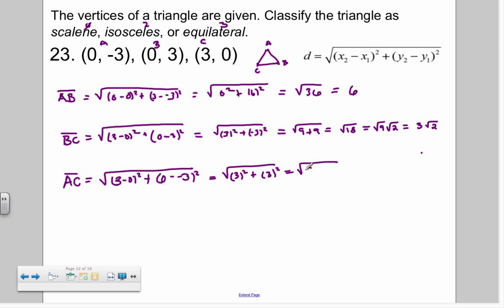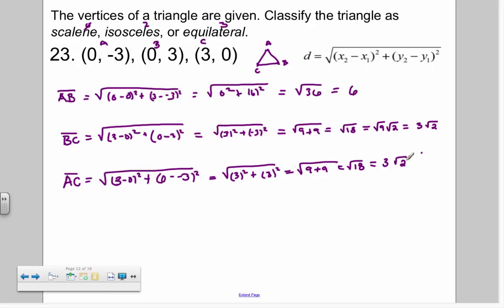That gives me the square root of 9 plus 9. And I can already see which direction I'm going. That's the square root of 18. And simplifying it the same way as we did before, I know that this is going to give me 3 square root of 2.